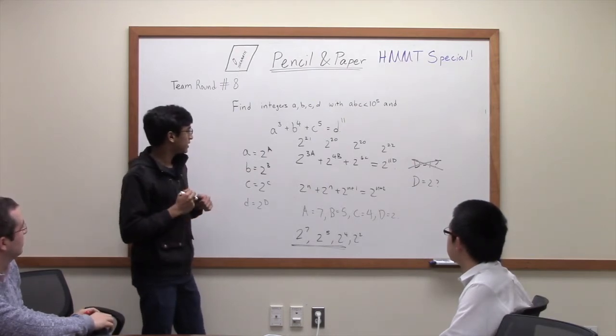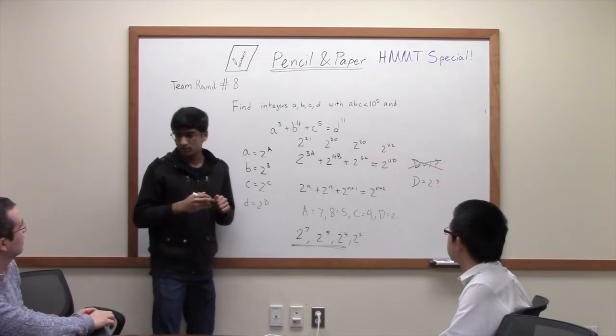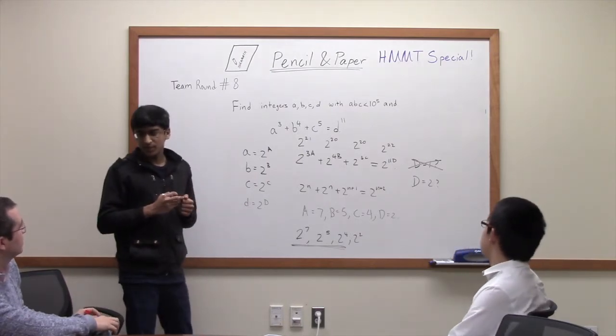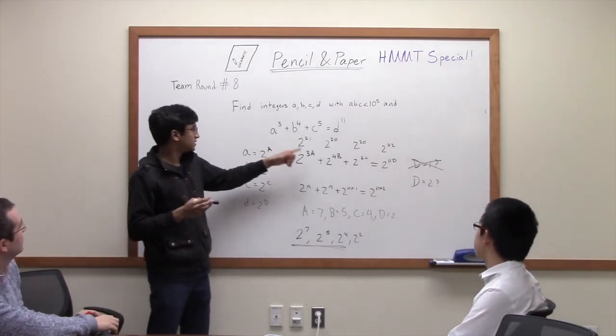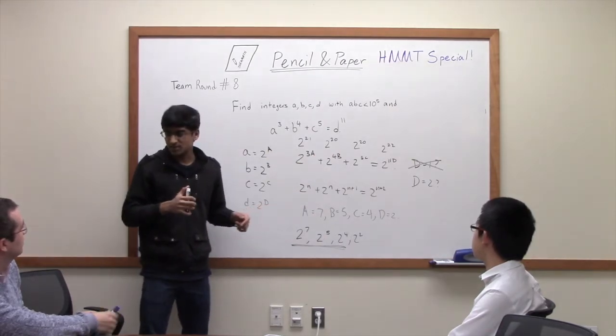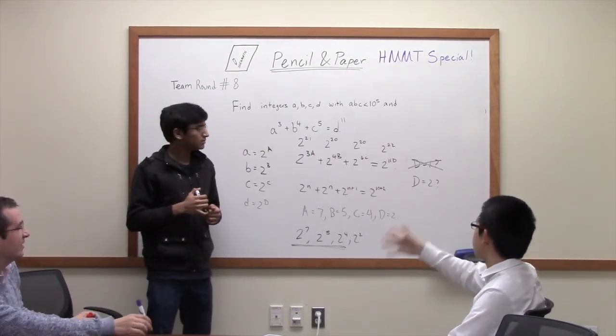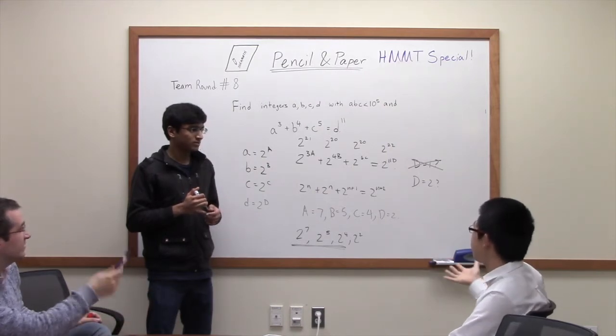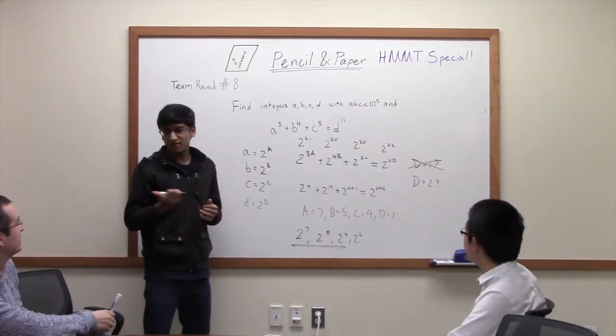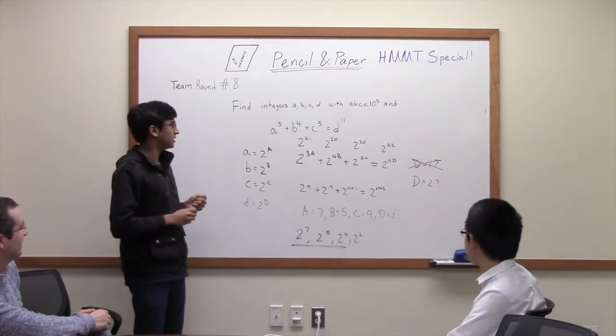Then we would need 3 to the 3a, 3 to the 4b, and 3 to the 5c all equal, so we try a multiple of 60, and 61 will work, but that gives 120 and 121, which is awfully large. So we have a solution with 120, which is pretty large.